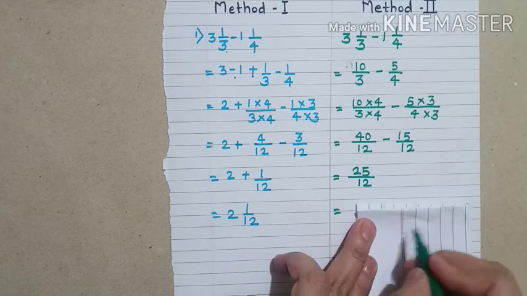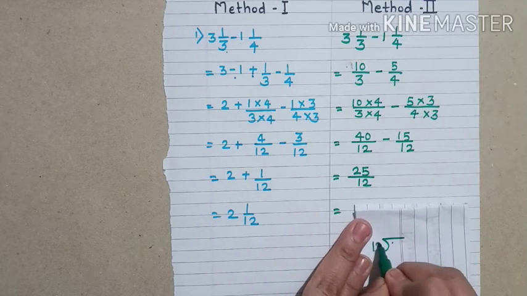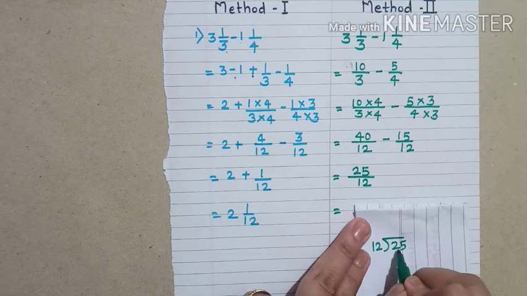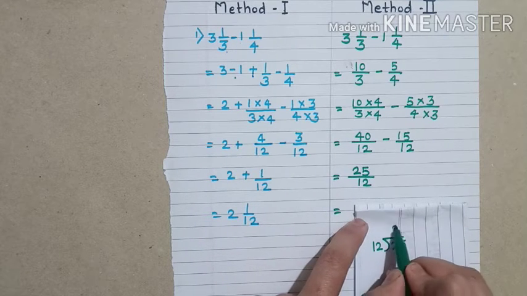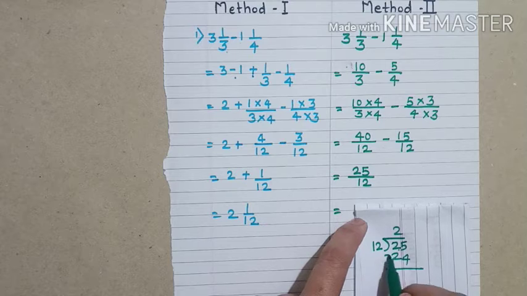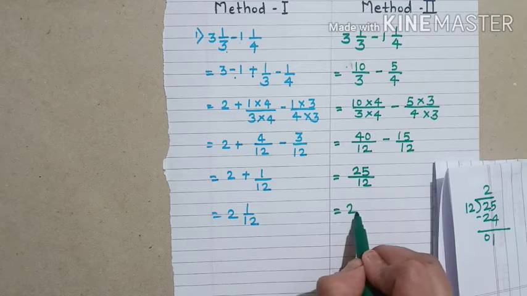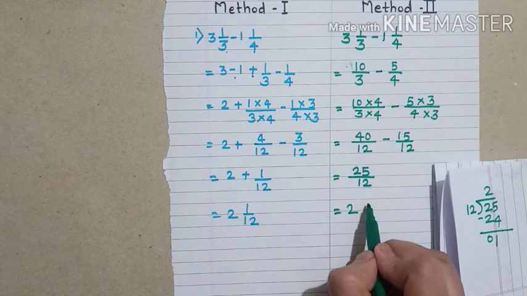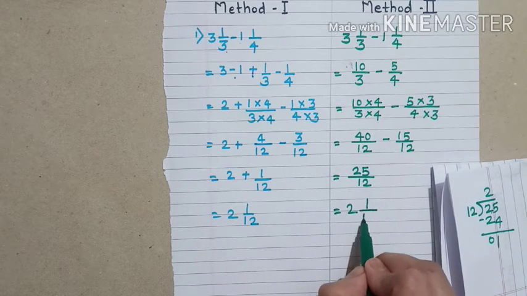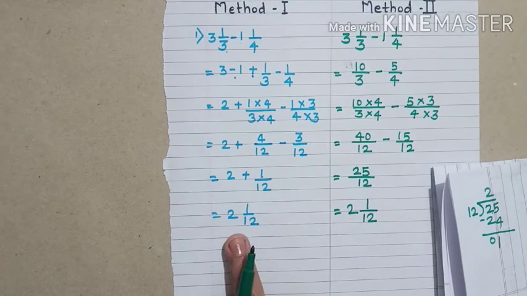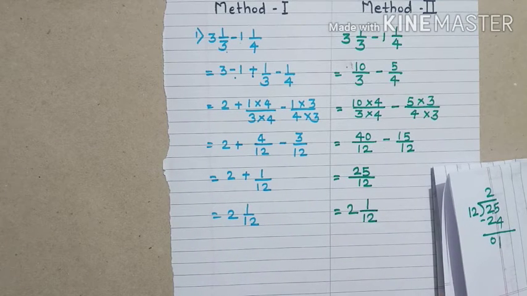Once again recall this. 25 is divided by 12. So here 12 2s are 24. The remainder is 1. So 2 is the quotient. So write 2 here. Then the remainder is 1. So write 1 and the divisor 12. Look, the answers are the same.